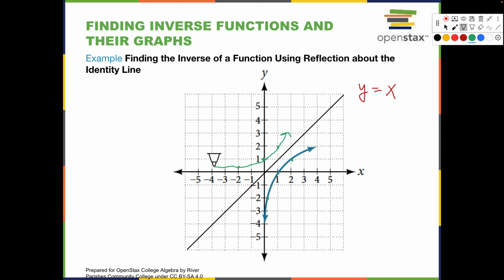Now my drawing's not so great, and that's okay. You could see it would be a reflection over that line, because the x and y's are all changing. So that's another way graphically you can tell an inverse, because they will be symmetric. They will be a reflection over the line y equals x.